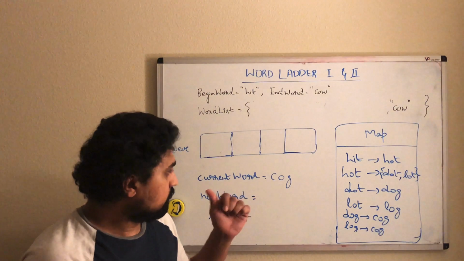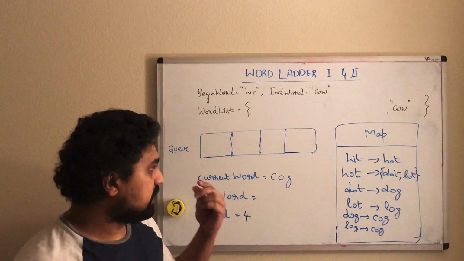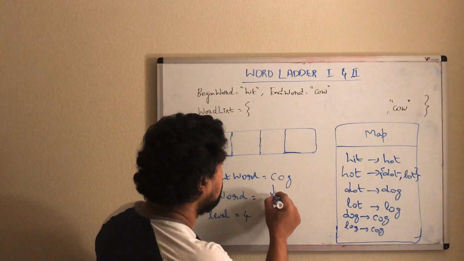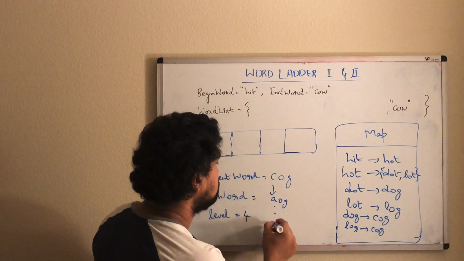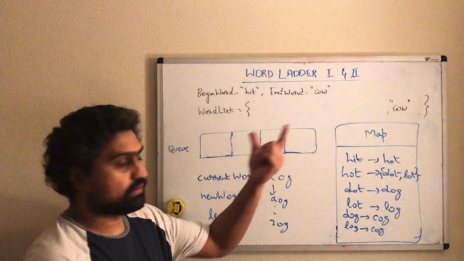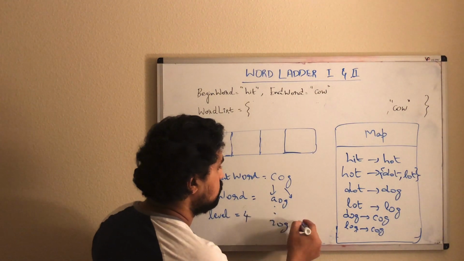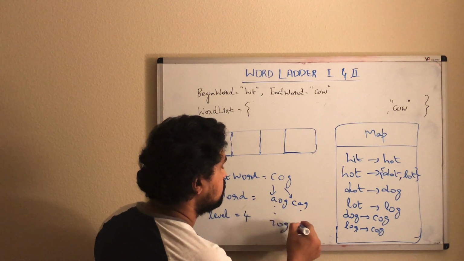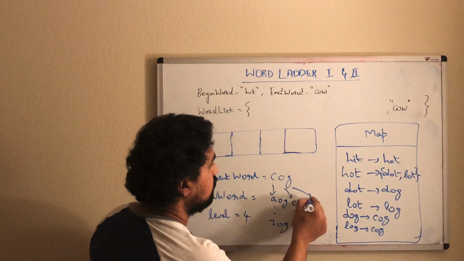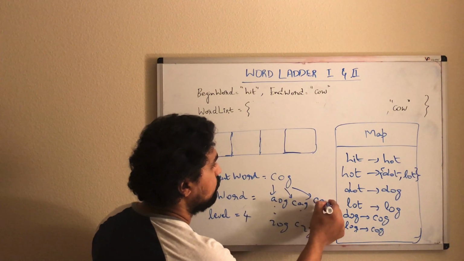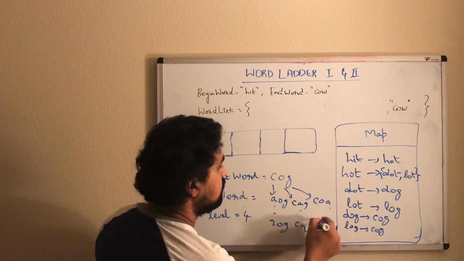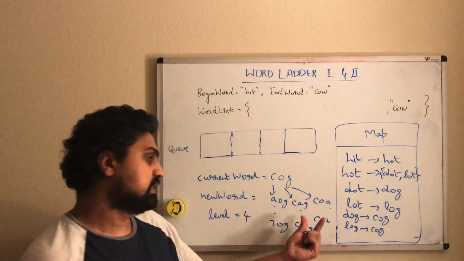So now we shall transform the word COG by replacing every character here. We'll try all combinations, and none of these words belong to this word list. We'll try with the second character, and none of those words belong to the word list. And we will try with the last character, and somewhere at the end we'll see cow.